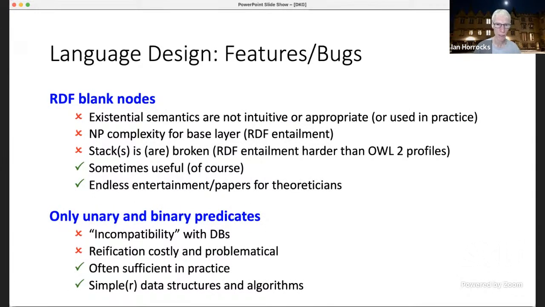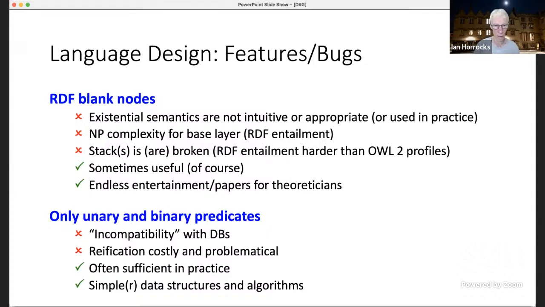Okay, so another thing about RDF that is restrictive is the fact that it only supports, well, actually really binary predicates, but in the case of the OWL type predicate, this is used as a kind of cipher for unary predicates.